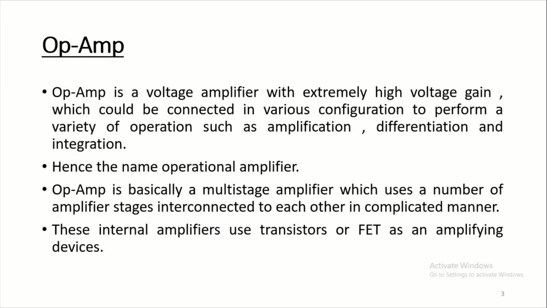In early days, when digital computers had not evolved, different mathematical operations like addition, subtraction, integration and differentiation were done by operational amplifier. By just connecting a few resistances and capacitors, it is possible to perform different operations. That is why it is known as operational amplifier.